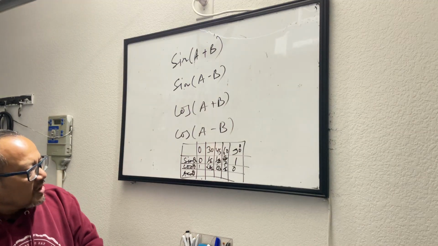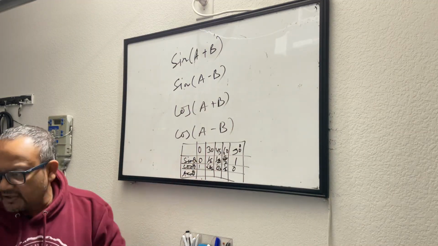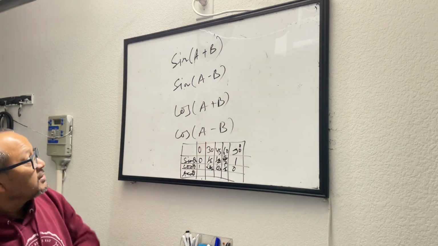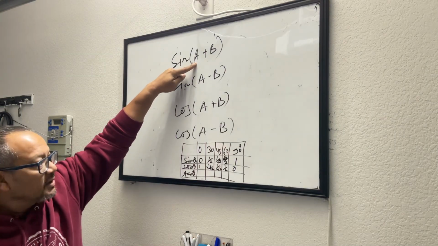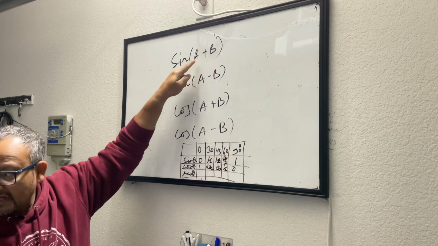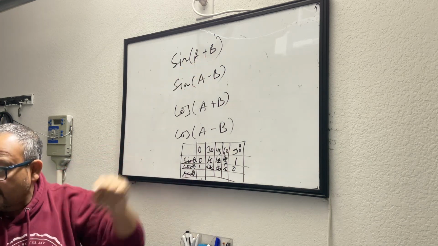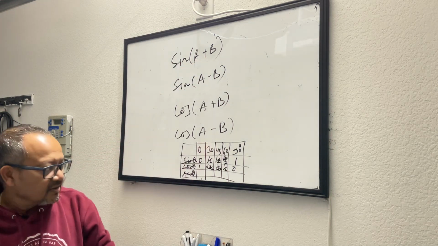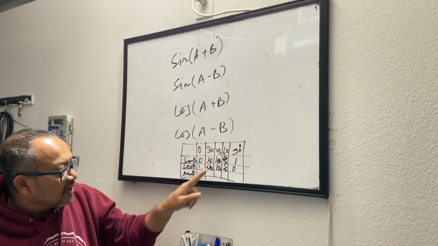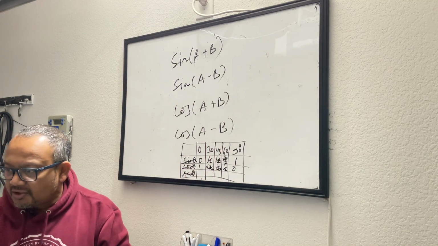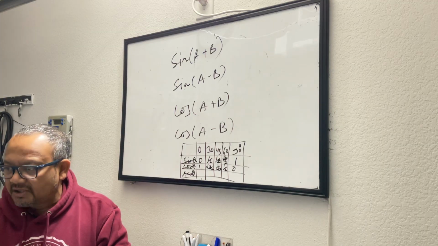If I say, what is the value of sine 75 degree? You will say, okay, if I know this formula, use A as 45 and B as 30, that makes it sine 75 and I can find it out. Similarly, if I say, what is the value of sine 105 degree? You don't need the log table.